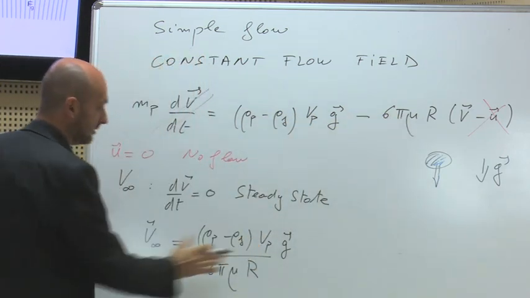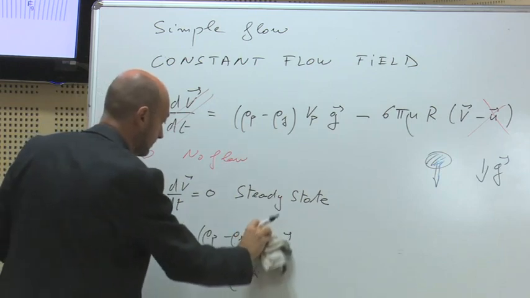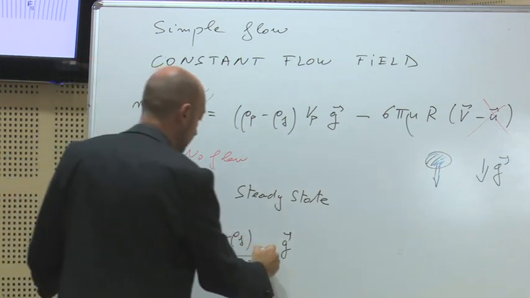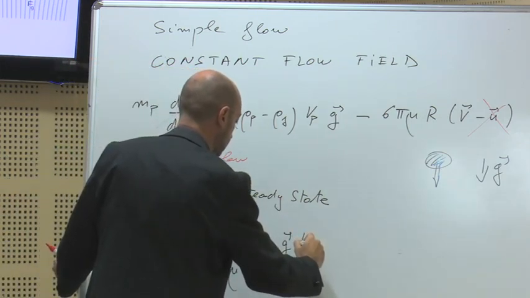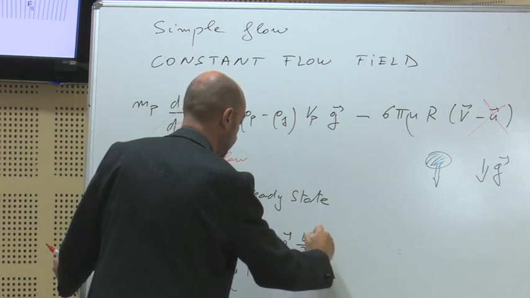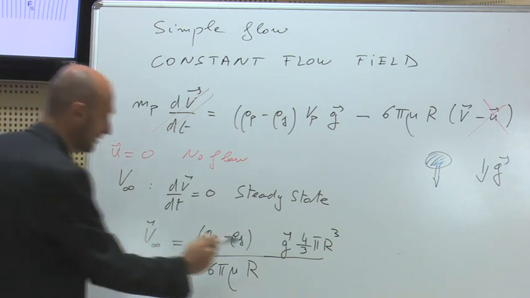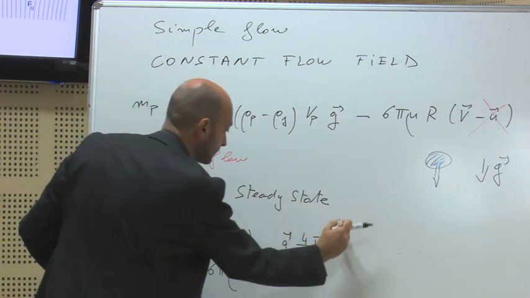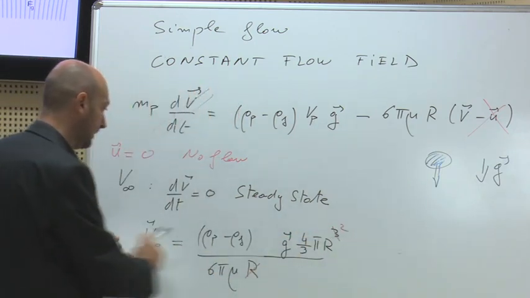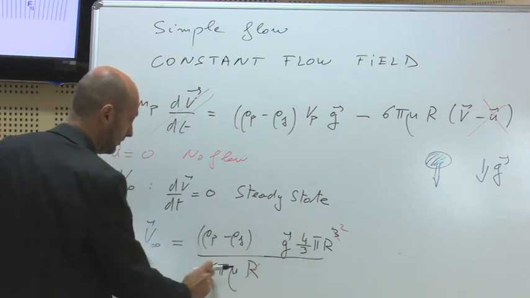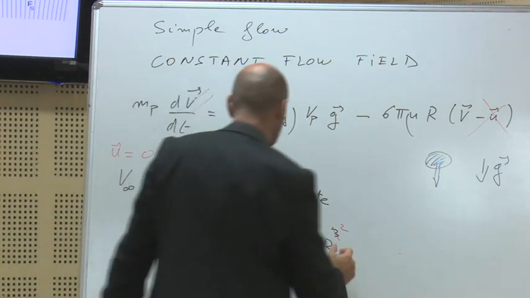So now vp, I can replace by the volume, which is 4/3 pi r cubed. And then I'm going to simplify that. So r cubed over r would be r squared. And then 4/3 divided by 6, that would be 2/9.